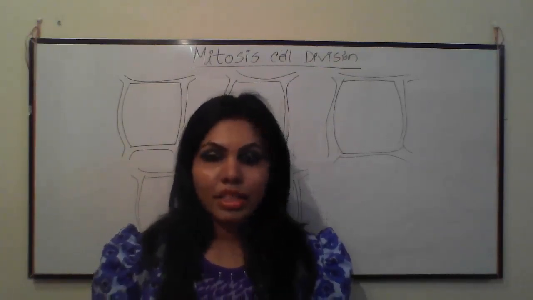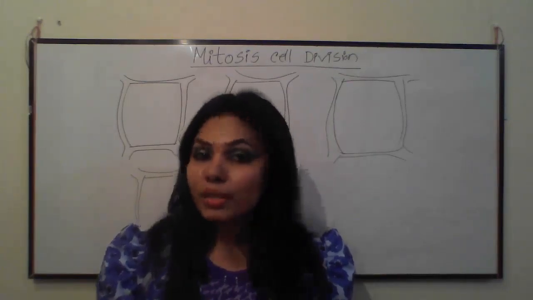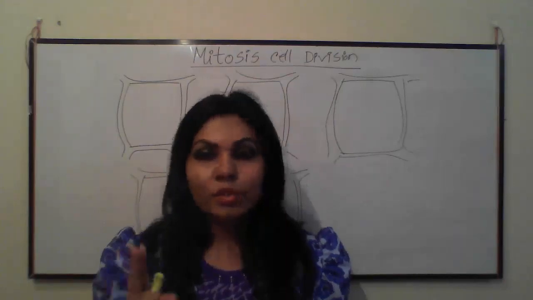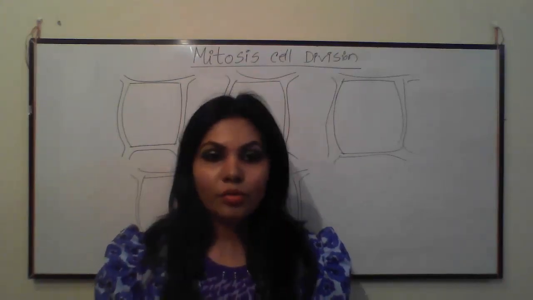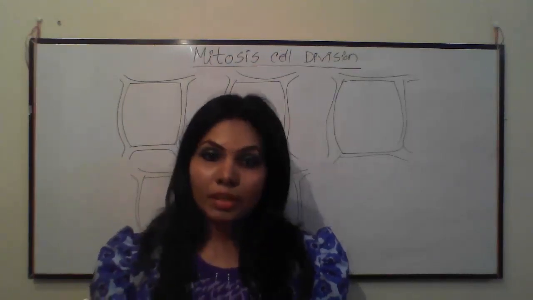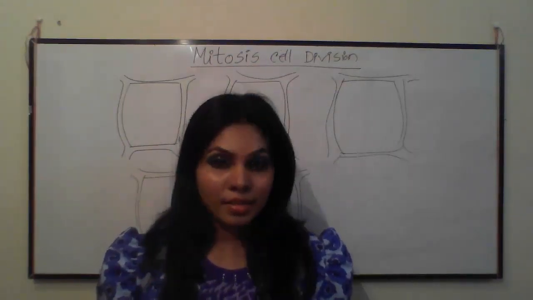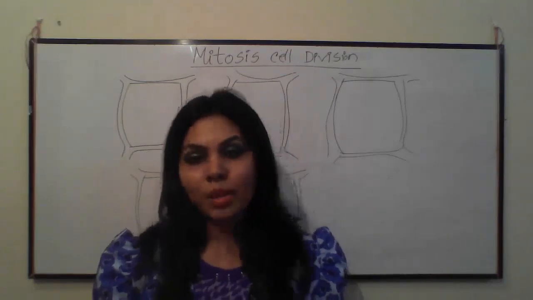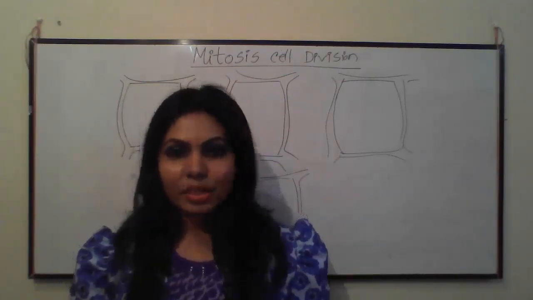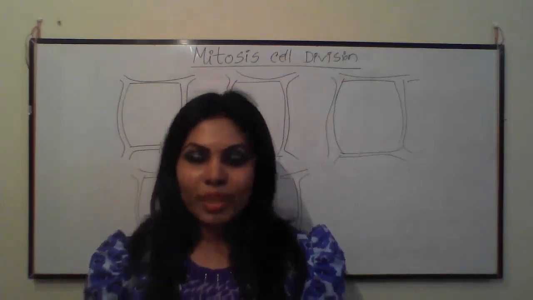At first the division of the nucleus occurs, and then the division of the cytoplasm. The division of the nucleus is called karyokinesis, and the division of the cytoplasm is known as cytokinesis.